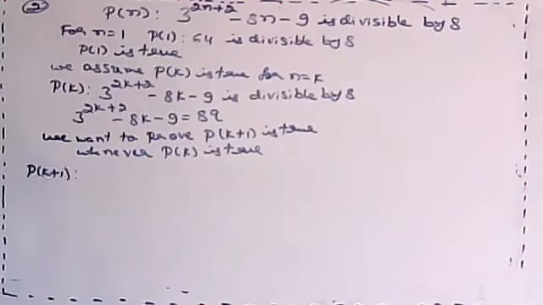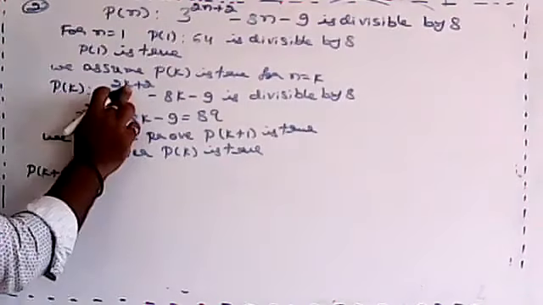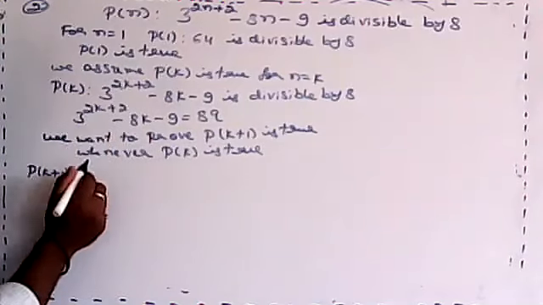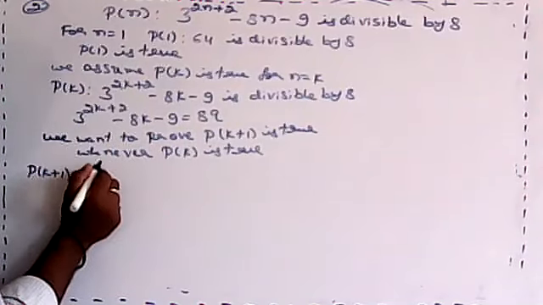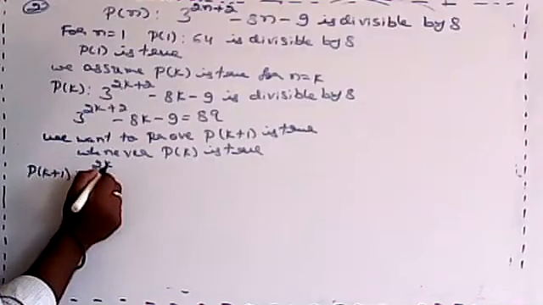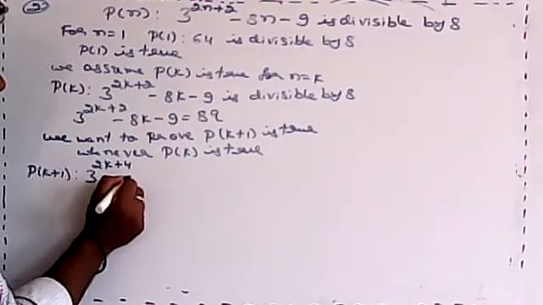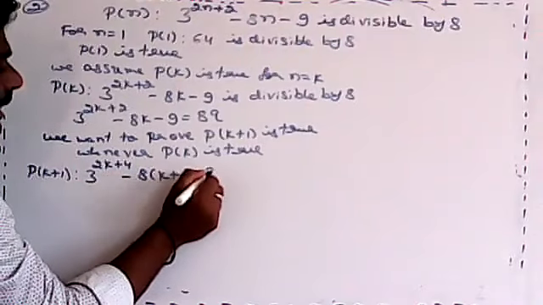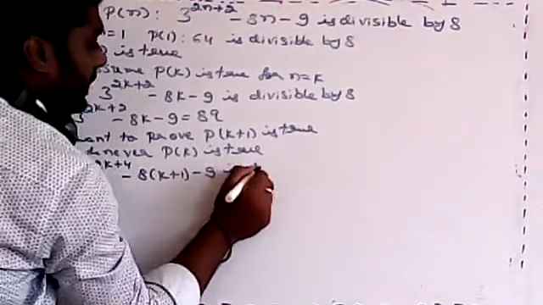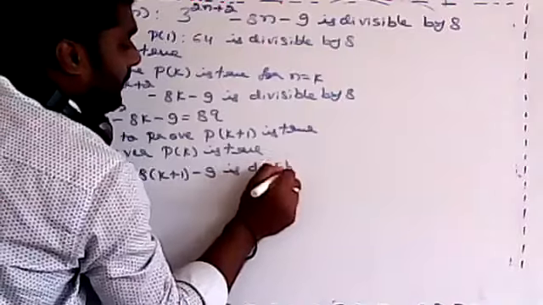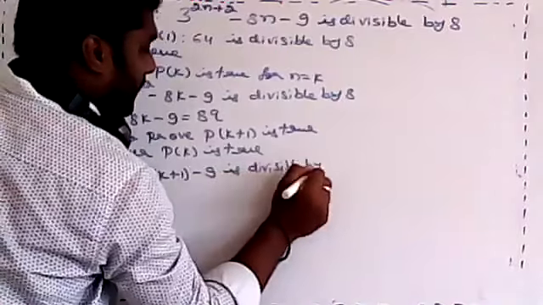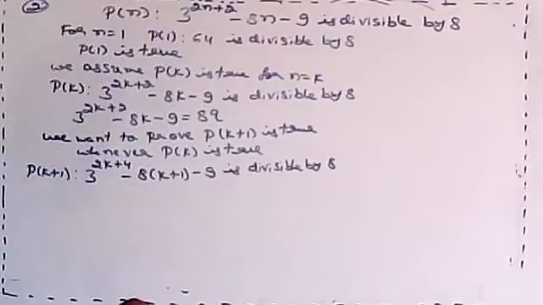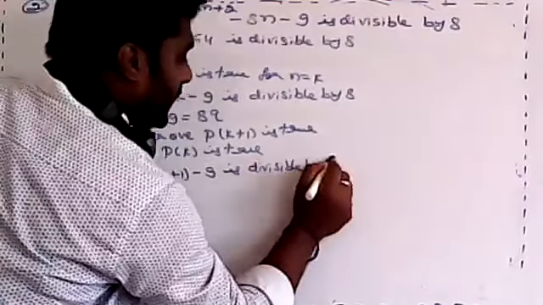In this, replace k by k plus 1. What do I get then? 2k plus 2 plus 2, no? So we can write this as 3 to the power of 2k plus 4 minus 8 times k plus 1 minus 9 is divisible by 8. Correct?